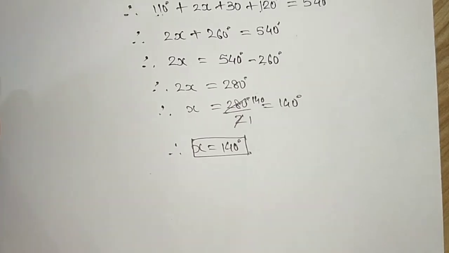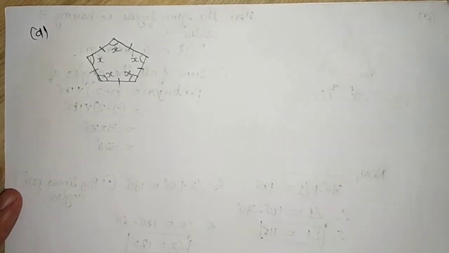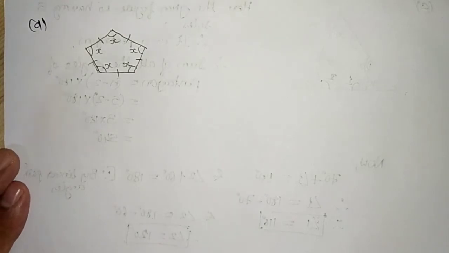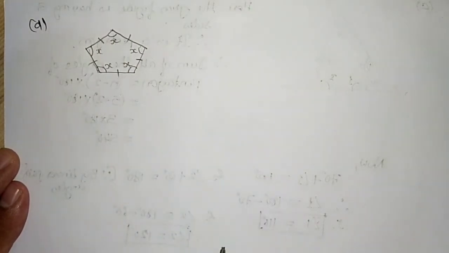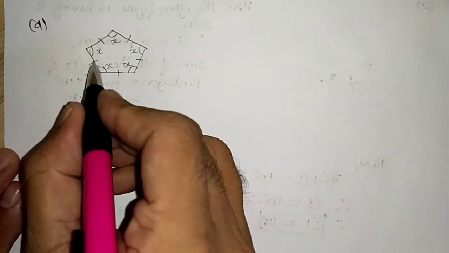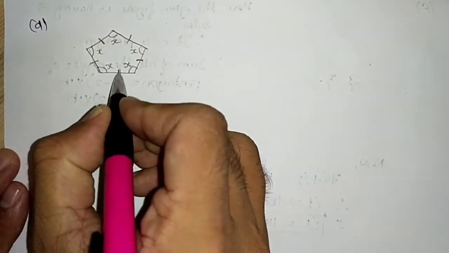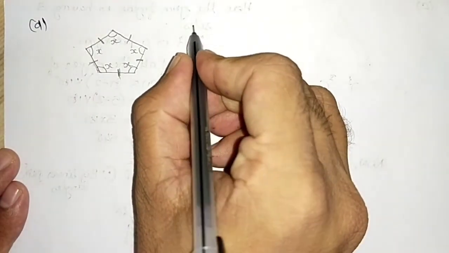Now we are moving to part D, but let me first draw it. So I have drawn the figure of part D. It is somewhat like what is given in the textbook. If you see properly, all the angles are of measure x, and if you see the symbols on each side, they are also the same. This means the given figure is a regular hexagon.